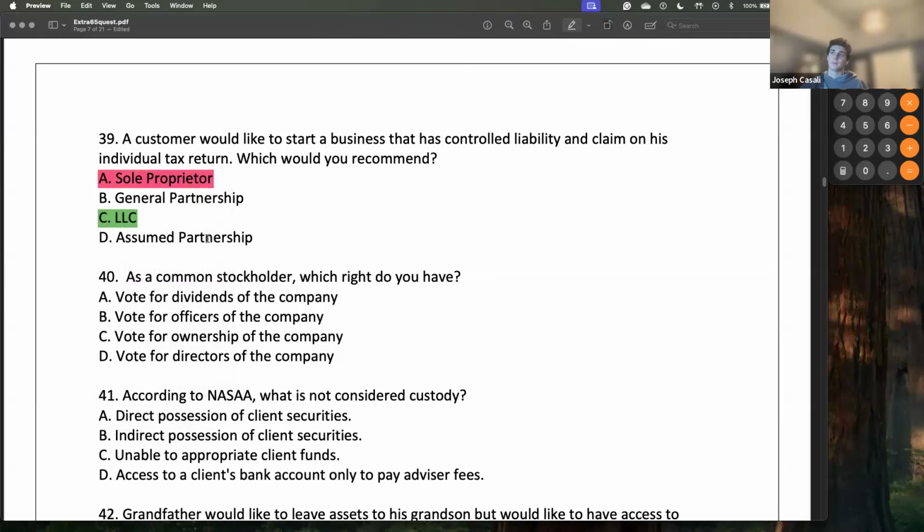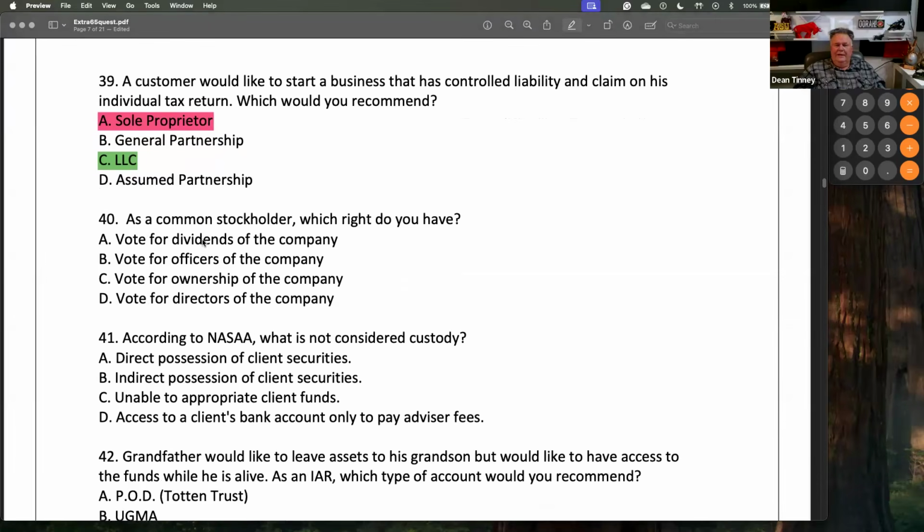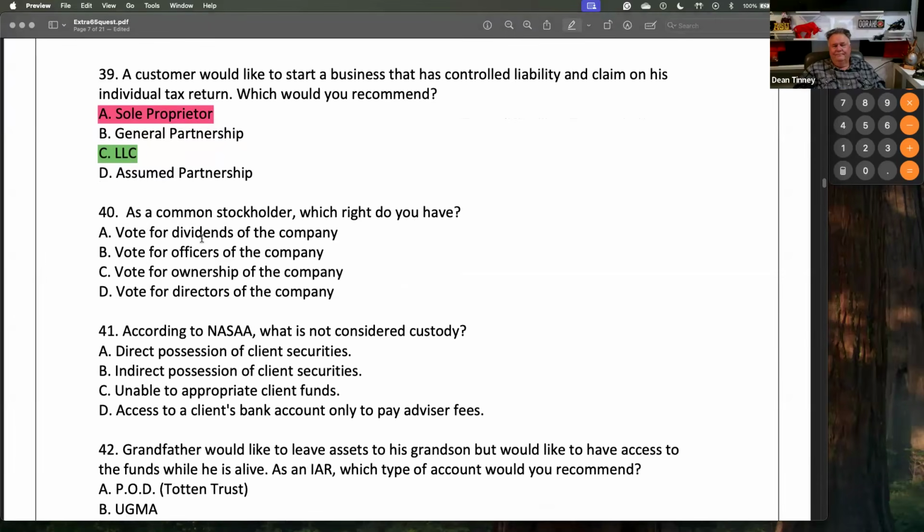So, as a common stockholder, which right do you have? A vote for directors. Right on, right on.